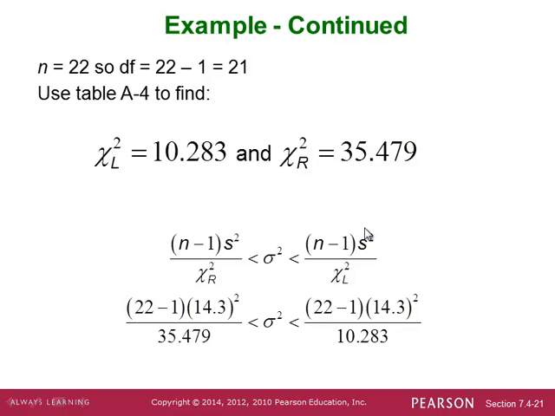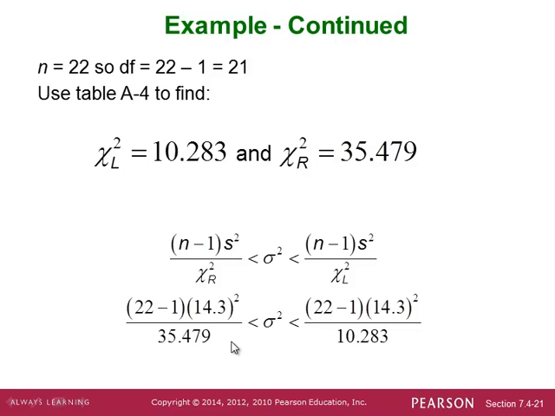First of all, 21 is our degrees of freedom. So that's what we're going to put here and there. Our S squared, our sample variance, is going to be the square of the standard deviation. We were told that the standard deviation is 14.3.